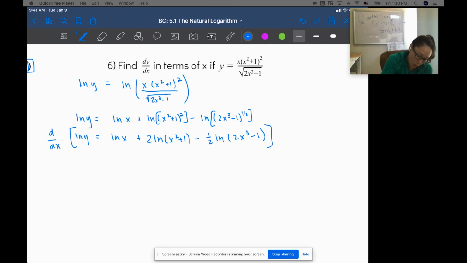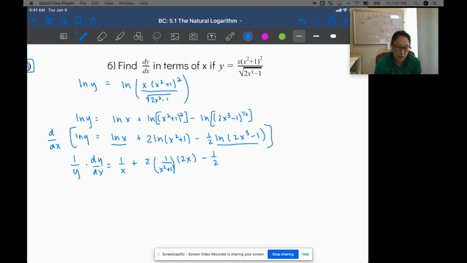So we have 1 over y times dy/dx is equal to the derivative of ln x, which is 1 over x, plus 2 times 1 over u, so x squared plus 1, times the derivative of the inside, which is 2x, minus 1/2, the derivative of ln of 2x cubed minus 1, which is 1 over 2x cubed minus 1 times the derivative of u, which is 6x squared.